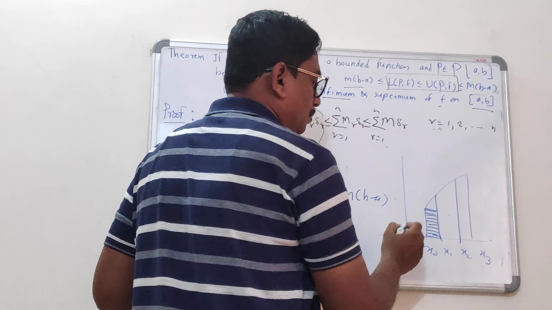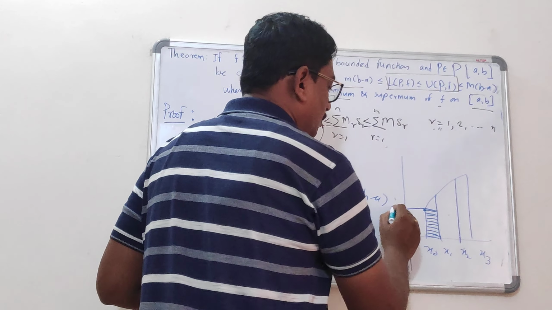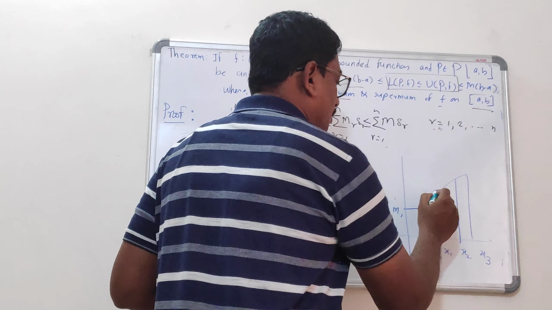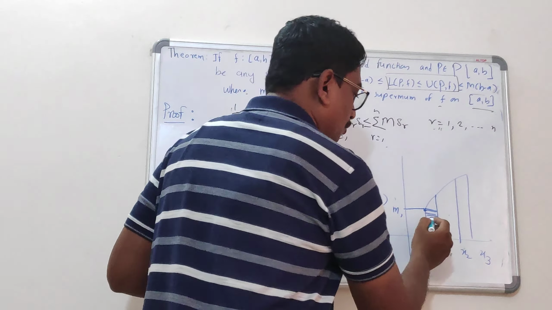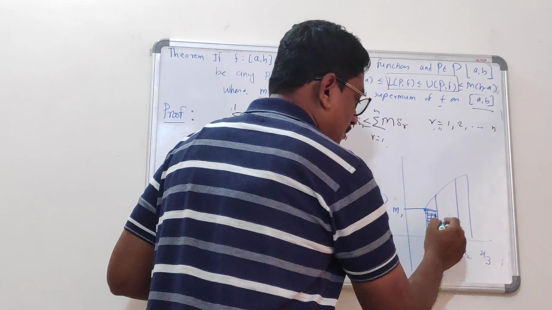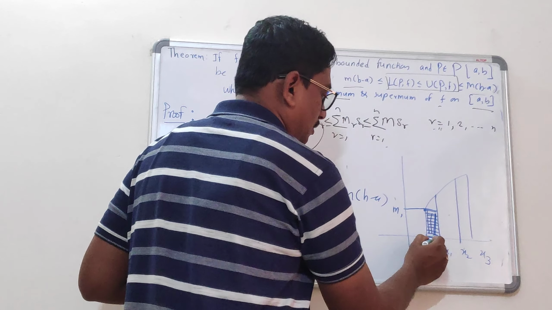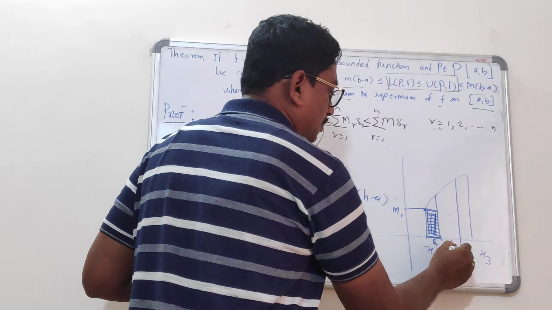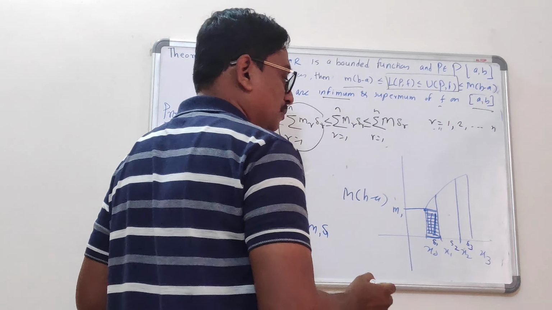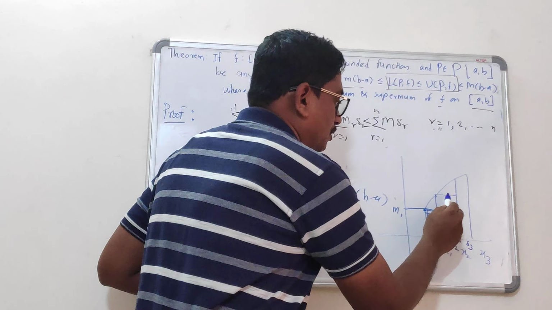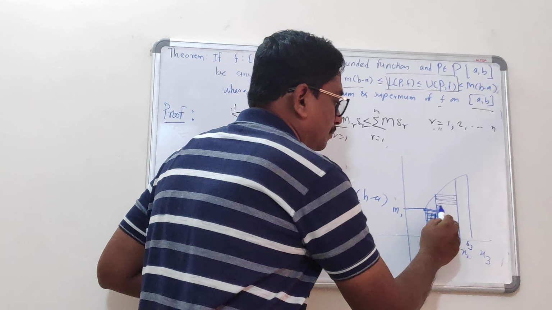So what is this value? This is your m1 on the first subinterval, and this is your capital M1. So this area is nothing but m1 into delta 1, this much length. This length is delta 1, this length is delta 2, and this length is delta 3. There are three subintervals. Next, I am just calculating the lower sums.